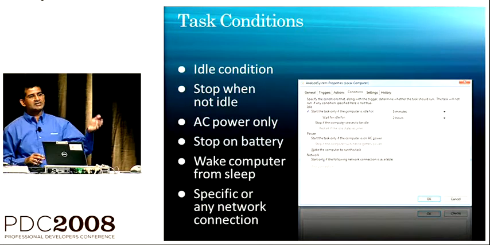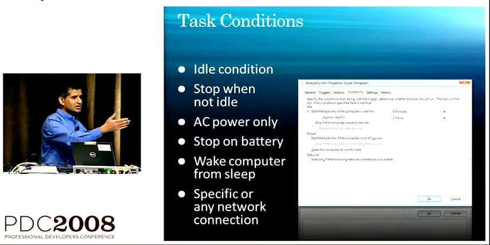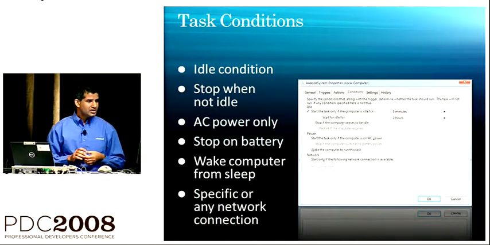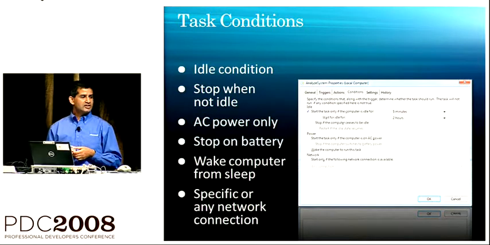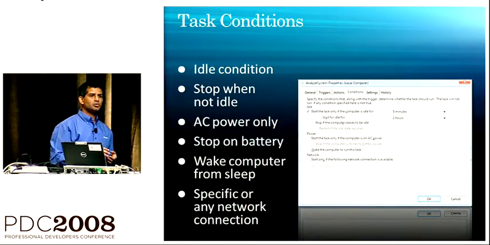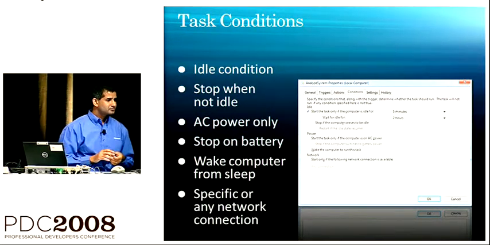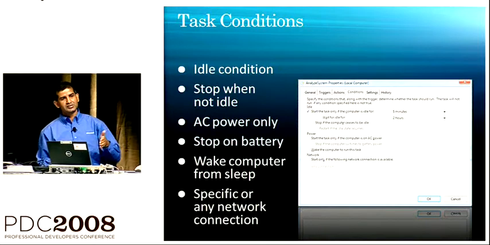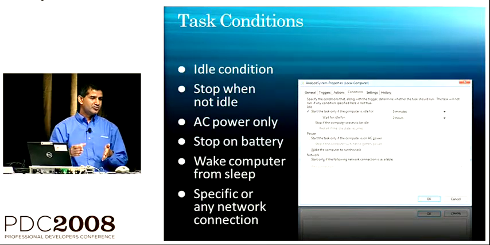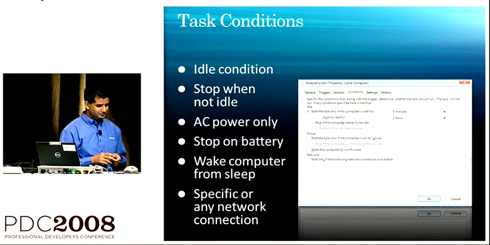Additionally, if a task is already started, but the system is no longer idle, then the setting of stop when not idle can be utilized. Then there is the AC power only setting. If a task does not need to run when the system is on battery, then please enable this setting. And again, when the system moves from AC to battery, you might want to stop the task if it doesn't need to be executing, and the other setting helps with that.